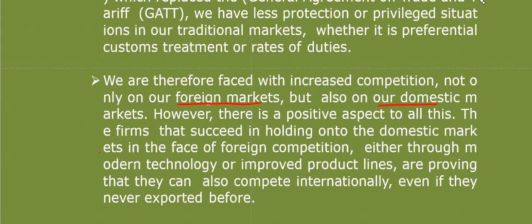You too can also go out for what? For exploring new market, because you can freely trade anywhere.